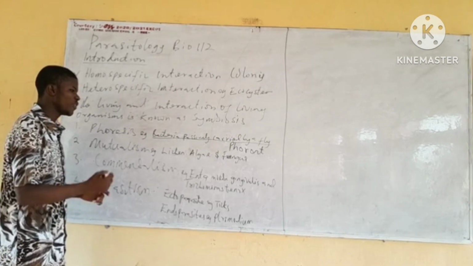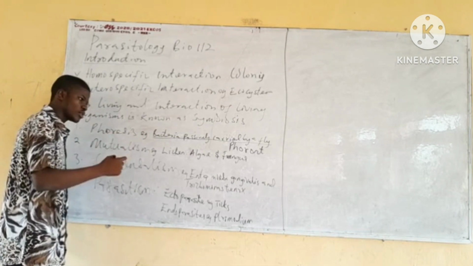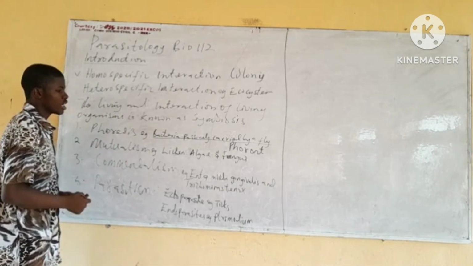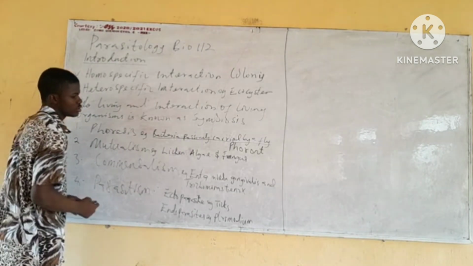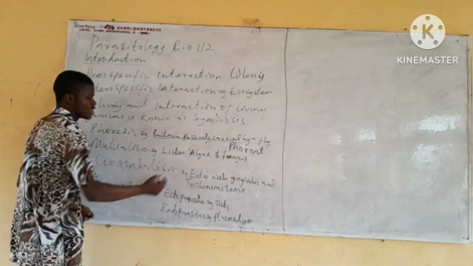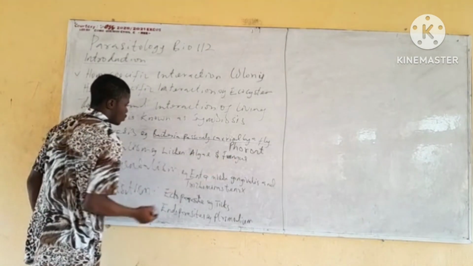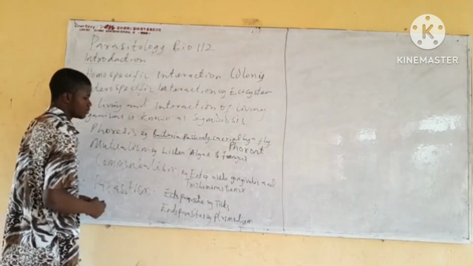An example is seen in lichen. Lichen, formed by an algae and fungus, is a typical example of mutualism.